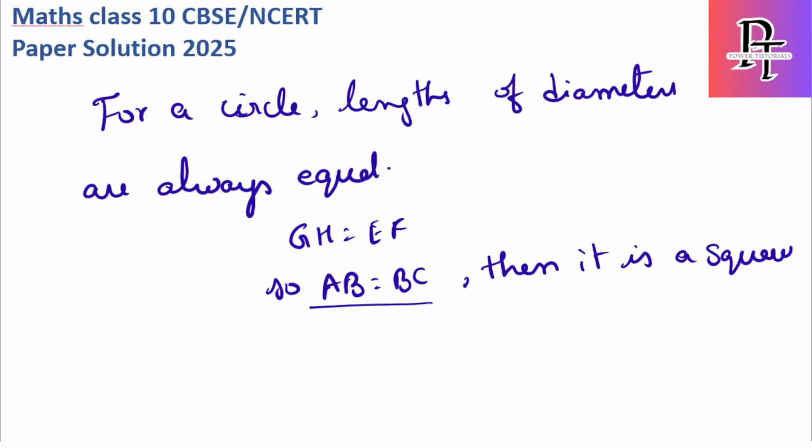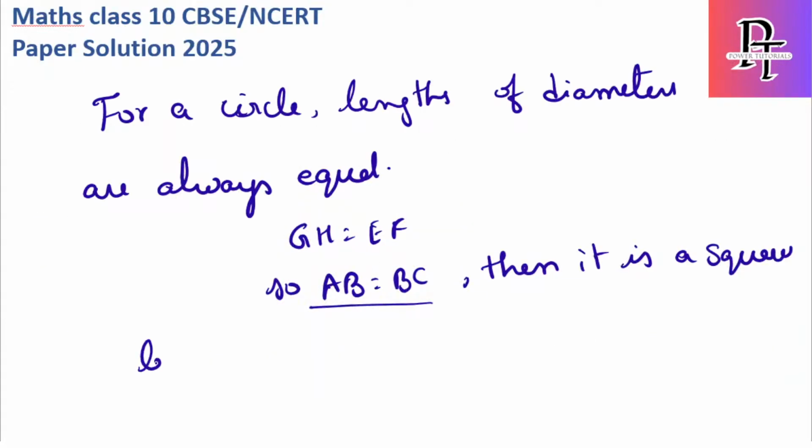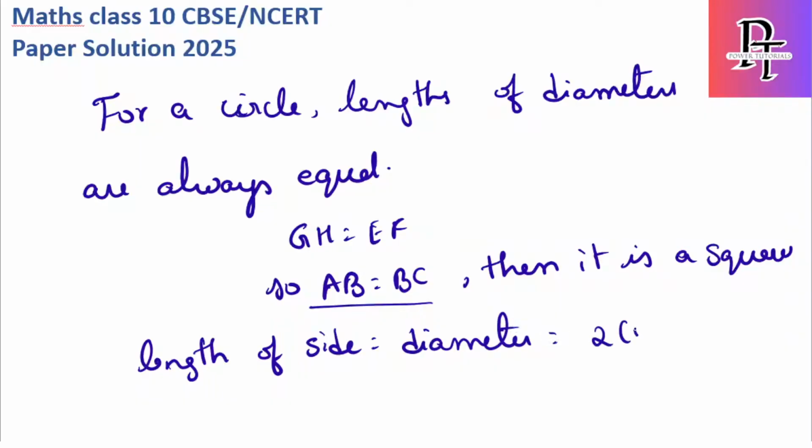Okay, if all sides are equal, notice they are asking for the perimeter of ABCD. So for the perimeter, we first have to find the length of the side. The length of the side is the diameter. So write: length of the side is equal to the diameter, which is 2 times 10, which is 20 centimeters.